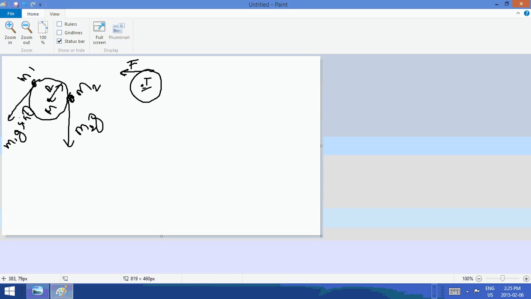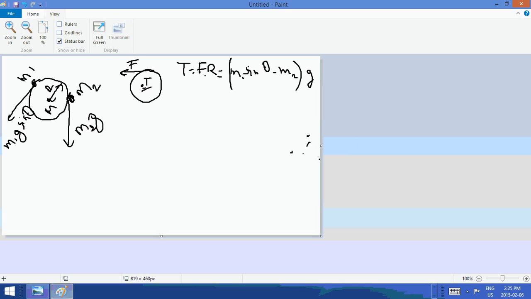And basically we have T, which is the torque, equal F times R, and really the forces here acting at the distance are basically m1 sine theta minus m2 times g.